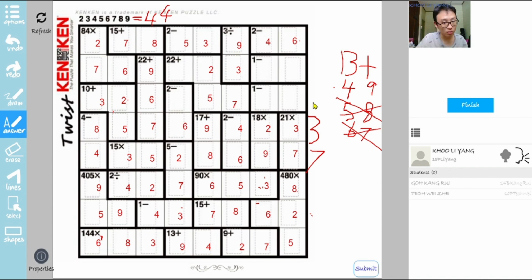The 22 plus box, this box, there is one space left. So we total up these three numbers, which is 14, and 22 minus 14 is 8. So 8 will be here, and then 4 will be here.